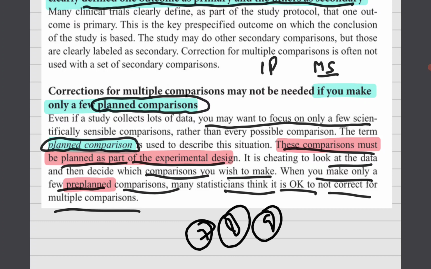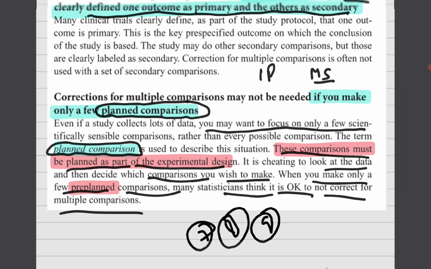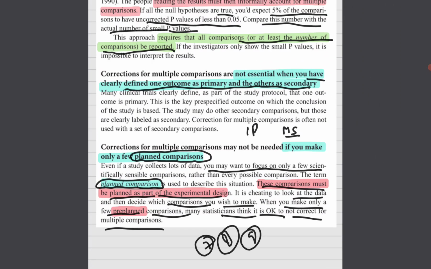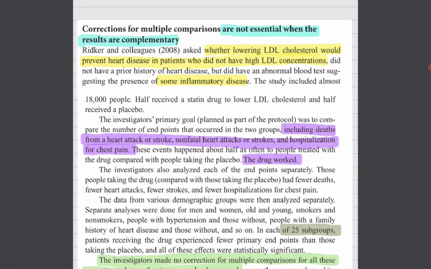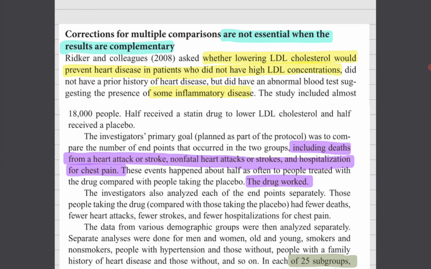But the key word here is they should be pre-planned and pre-specified in your protocol, right? You cannot start hypothesizing for new endpoints or new comparisons after looking at the data. That is important.